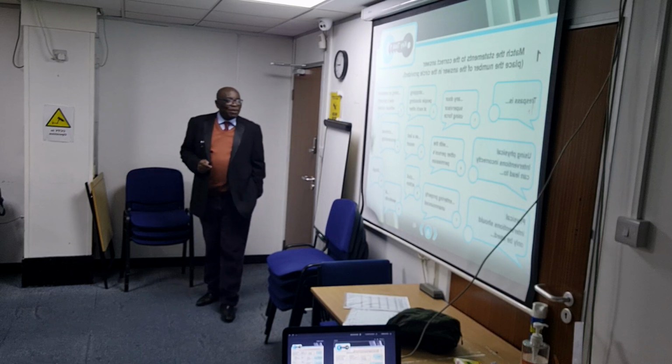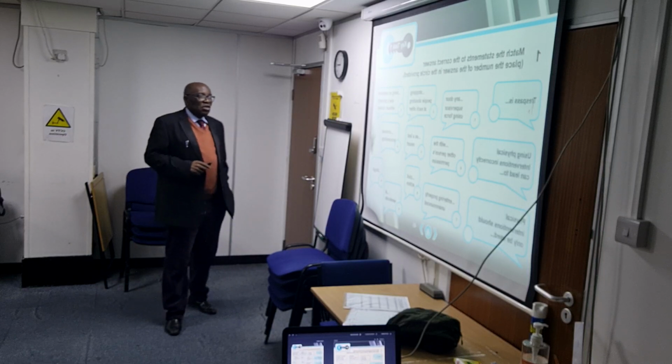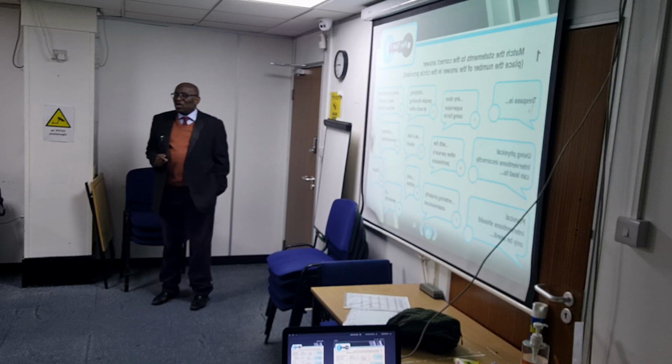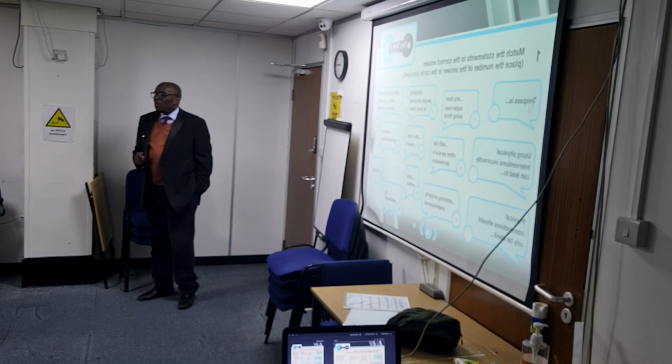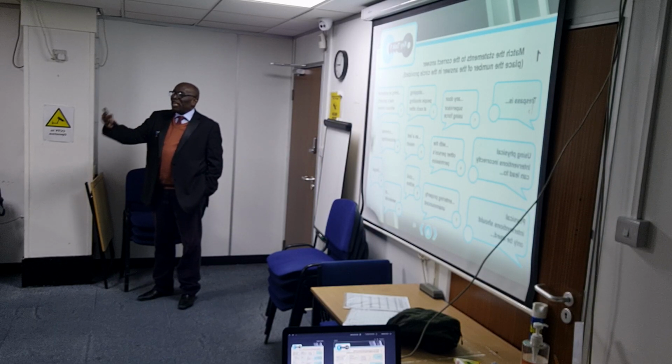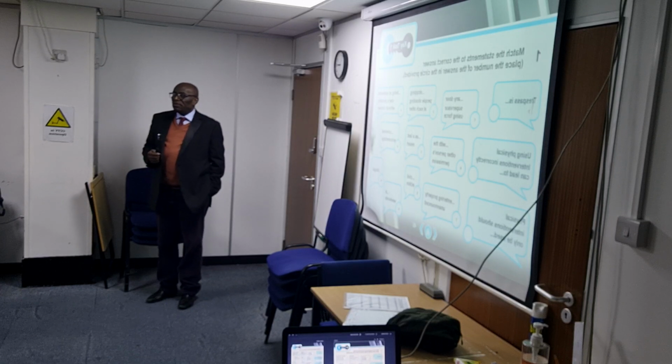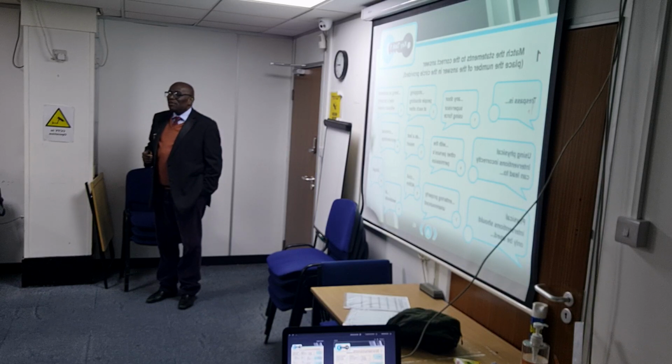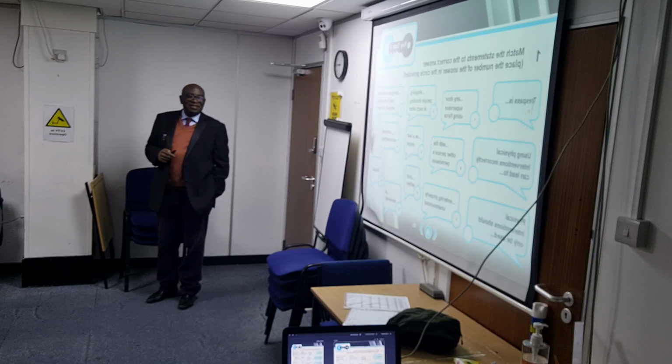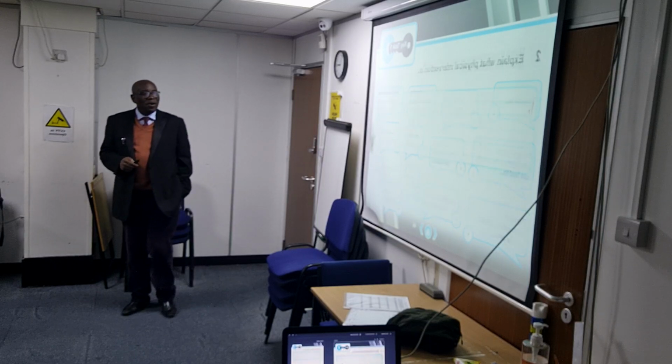So what is using physical intervention incorrectly? What can it lead to? Criminal proceedings. Yes, it can lead to criminal proceedings. And lastly, physical intervention should only be used as a last resort. Well done.